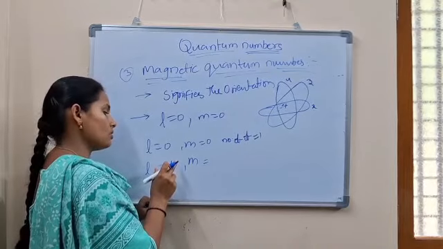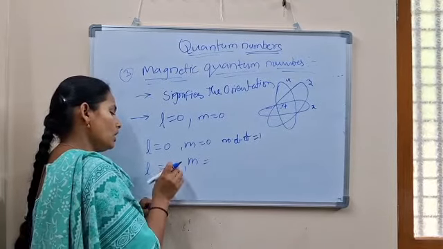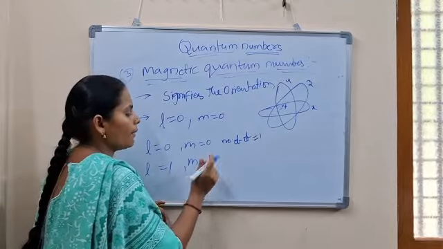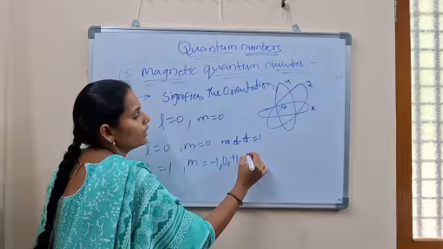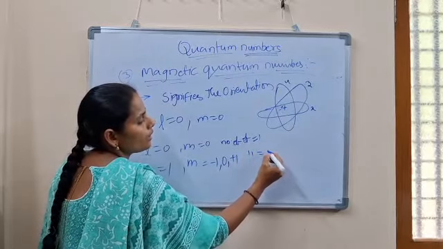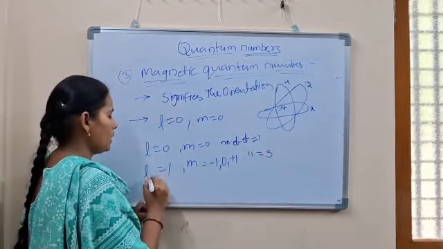If l equals 1, m equals minus 1, 0, plus 1, and the number of orbitals is 3.